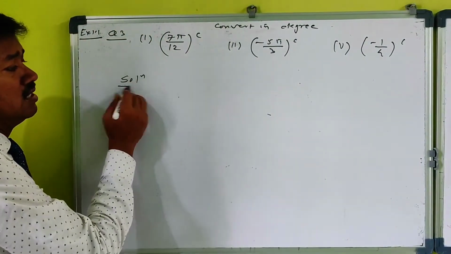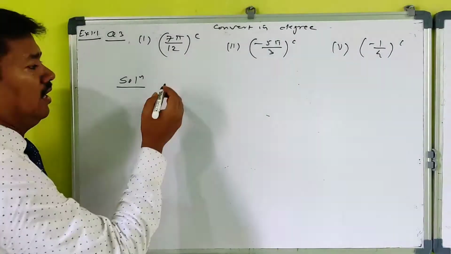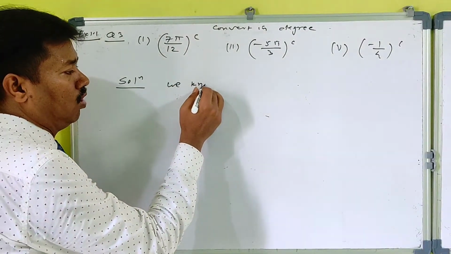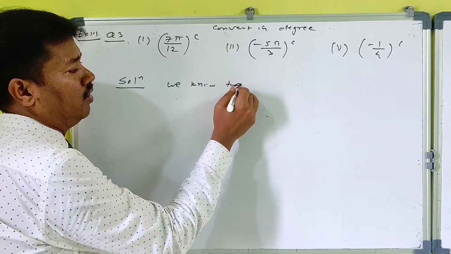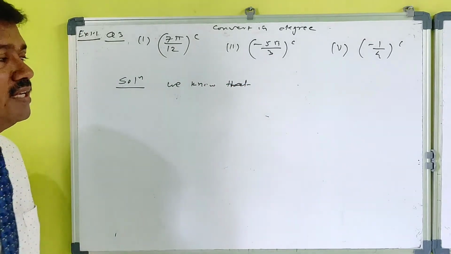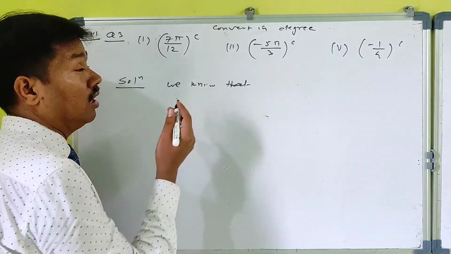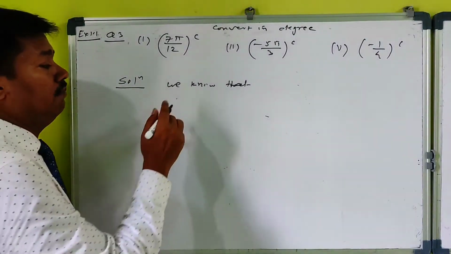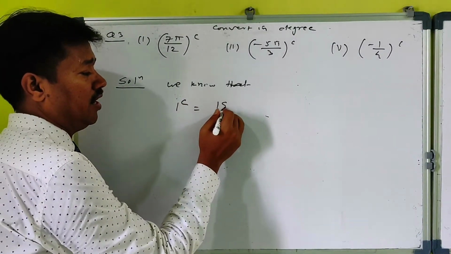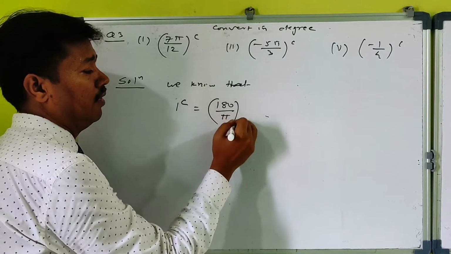Solution. 7 pi by 12 दिया हुआ है. So we know that. What do we know? Reverse question now. 1 degree is how much? हमको convert करना है radian में. So 1 radian is how much? 1 radian is 180 upon pi degree.